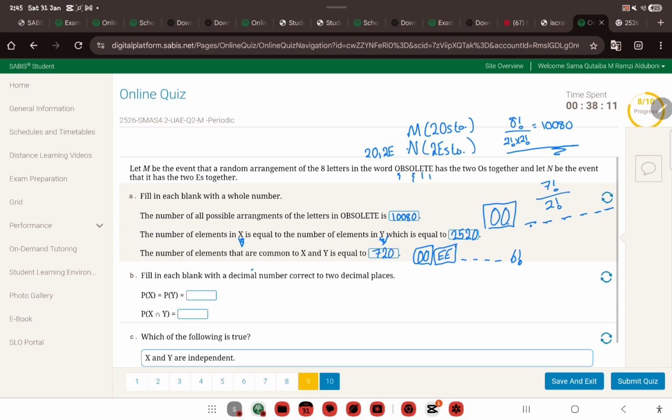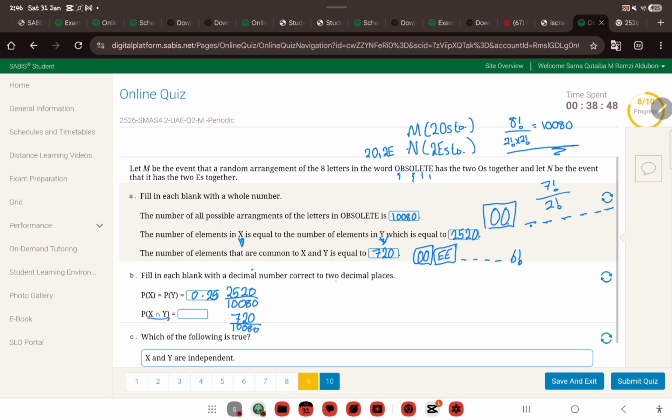The probability of X is equal to the probability of Y, which is 2520, which we found in part B, over the total arrangements, which is 10080. That is 0.25. The intersection is the intersection that we found divided by the total number of arrangements.